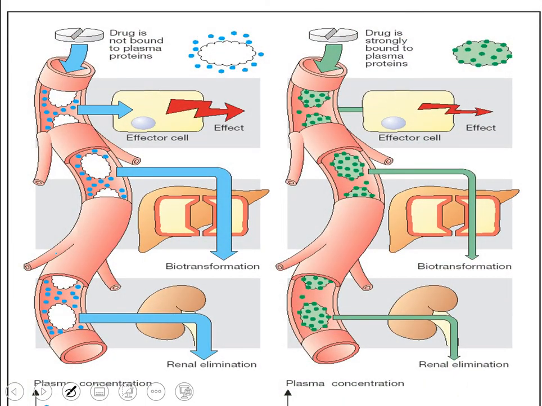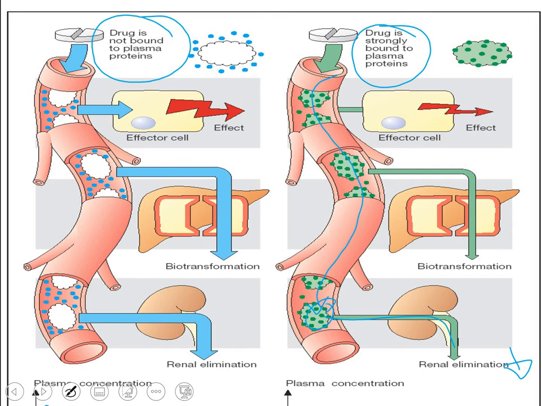You see, this is a drug which is not bound to plasma protein heavily, and this is a drug which is strongly bound to plasma protein. If it is strongly bound to plasma protein, as it passes through the blood vessels, renal elimination is less because it is strictly bound with plasma protein.